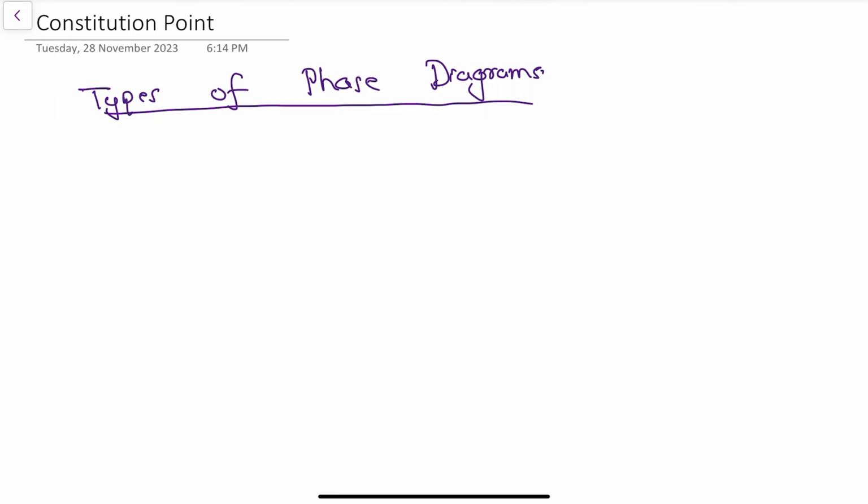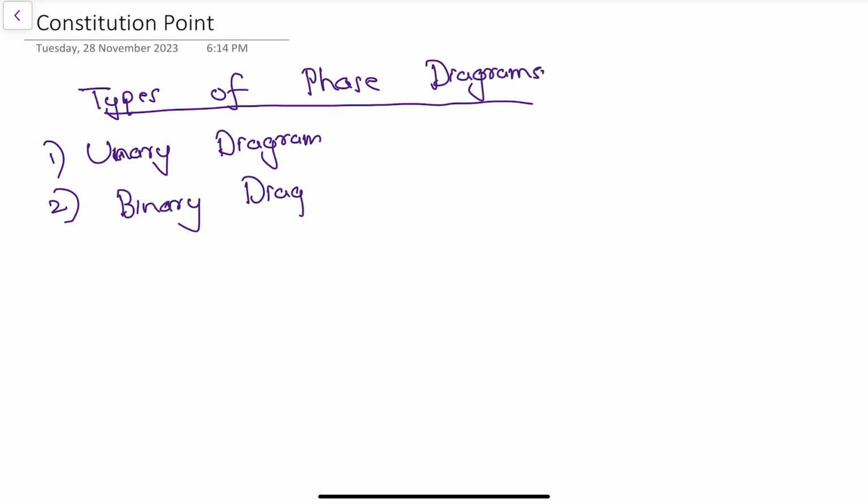Phase diagram classifications are unary diagram, then you have binary diagram, and then you have ternary diagram.